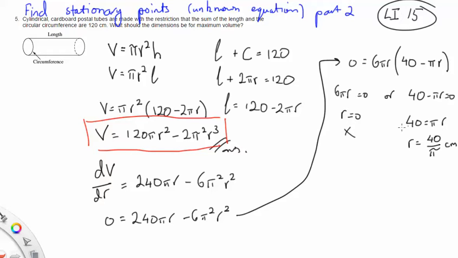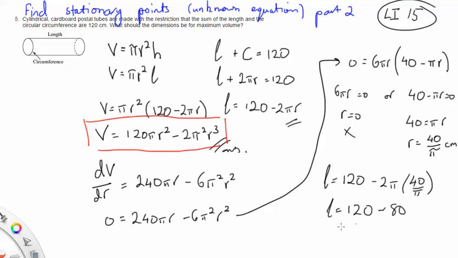Alright, that's the radius. We've got the radius, we need to find the length, and lucky we've got this formula here. So L equals 120 minus 2 pi times 40 on pi. L equals 120 minus 80. L equals 40 centimeters.